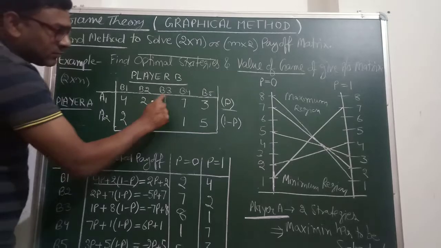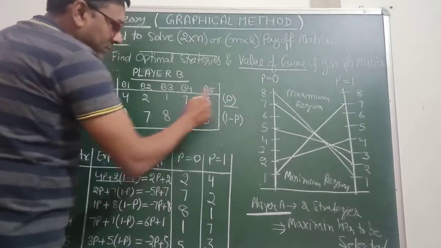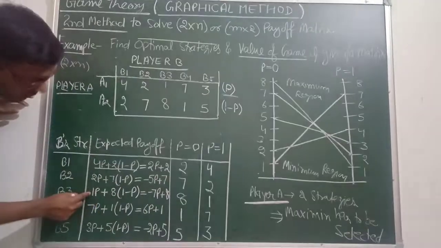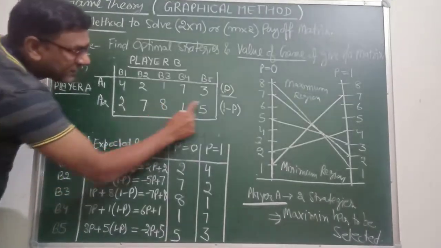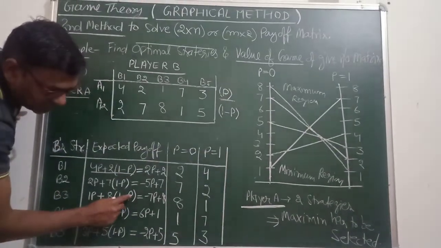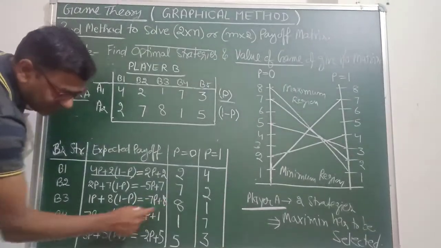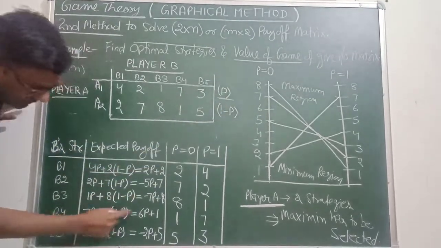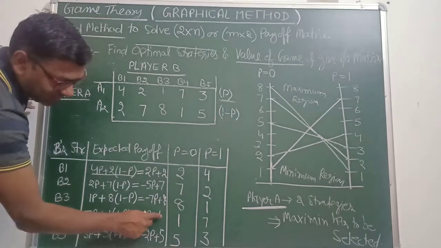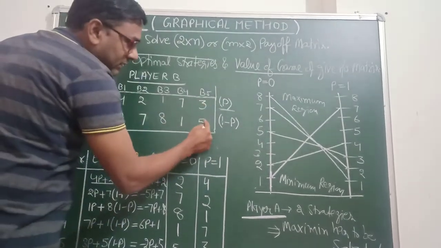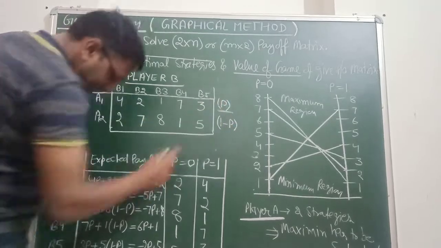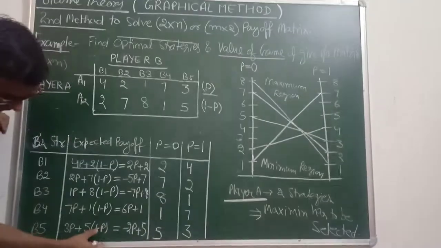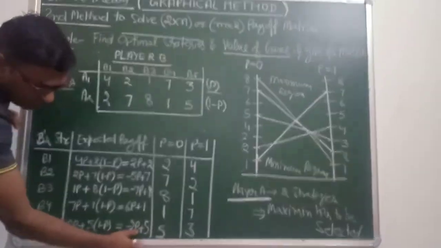Similarly for strategy B3, multiply 1 with P and add 8 into 1 minus P, so 1 into P plus 8 into 1 minus P, and if you solve this it will be minus 7P plus 8. Similarly for B4, 7 into P plus minus 1 into 1 minus P, and after solution you will get 8P minus 1. Similarly for the last strategy B5, multiply 3 by P and add 5 into 1 minus P, and the answer will be minus 2P plus 5.